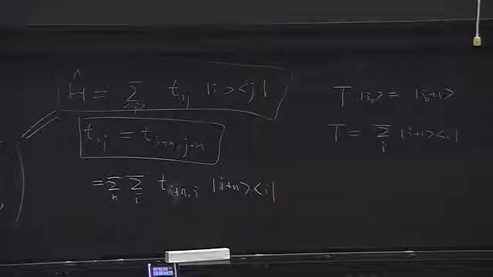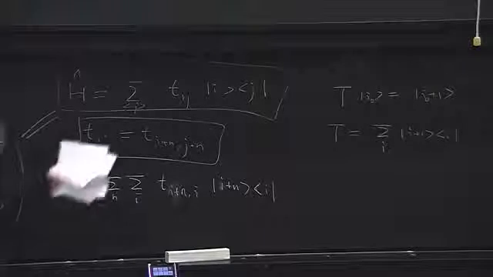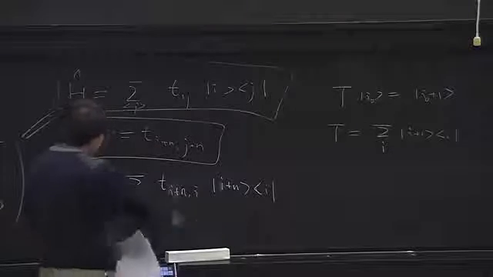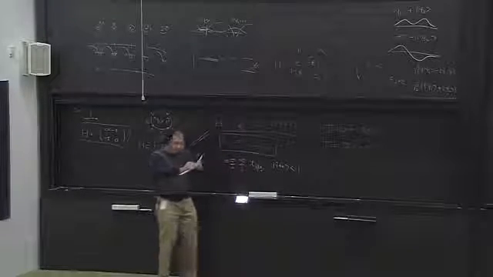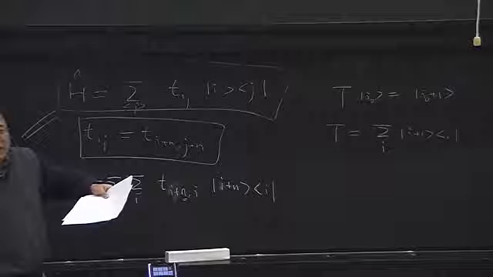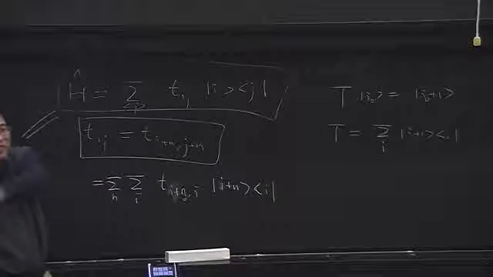But translation invariance means that this T_{i+n,i} only depends on n, not on i. It only depends on how far you hop, not on where you start hopping.